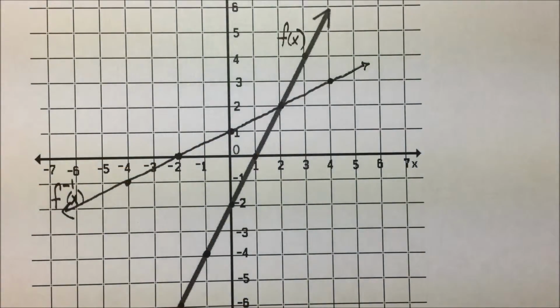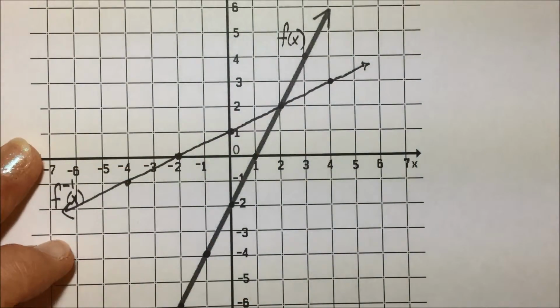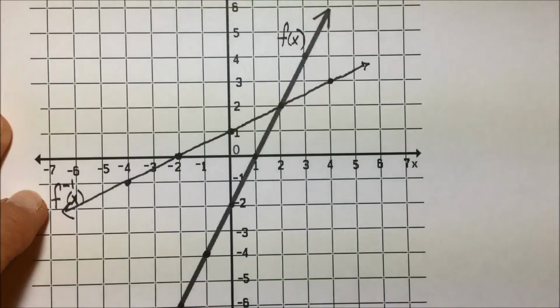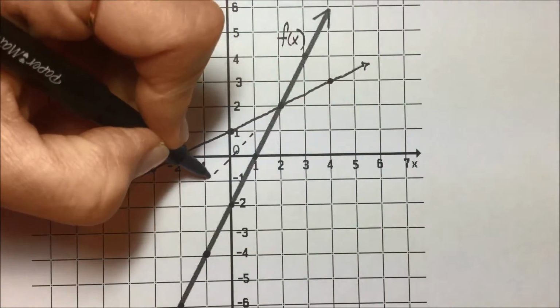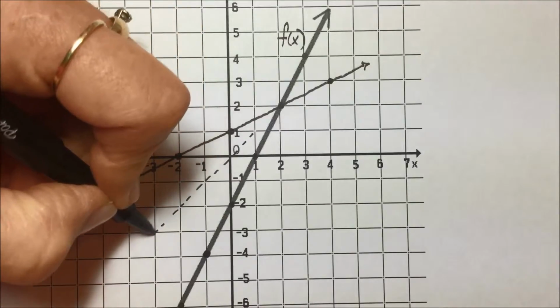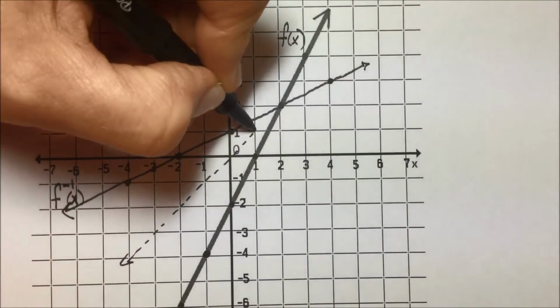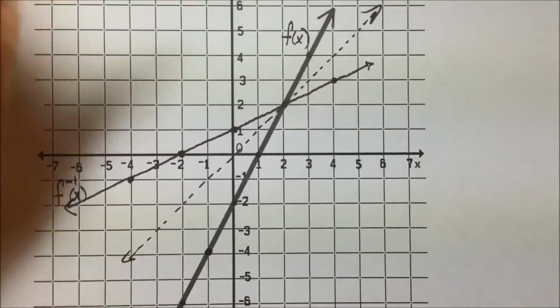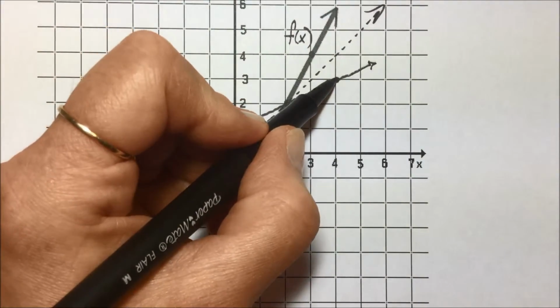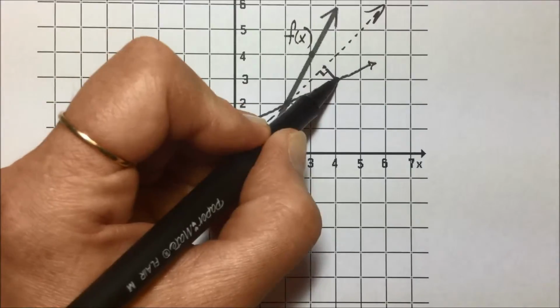So here is the graph of our inverse by just taking each one of our ordered pairs from the function and reversing them. The other technique, because we're reversing our x and y, is to reflect the points about the y equals x line. And the y equals x line is at this 45-degree angle. And you can see that here we have perpendicularly this point.